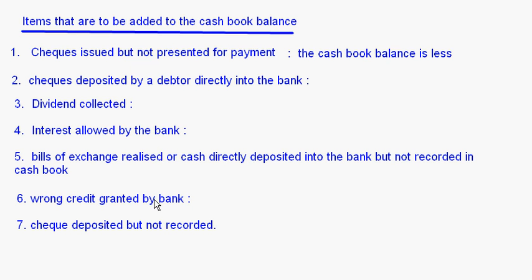Bills of exchange realized or cash directly deposited into the bank but not recorded in the cash book. Whenever the bank collects any bills of exchange directly, or any cash has been directly deposited into the bank but not recorded in the cash book, in both these cases the cash balance will be less, again because when the bank collects a bill of exchange, the customer doesn't have any information on when the bill of exchange is collected till he receives some intimation, right?